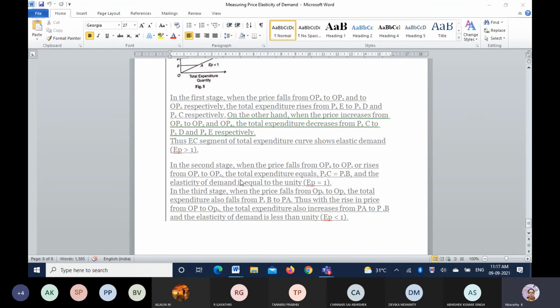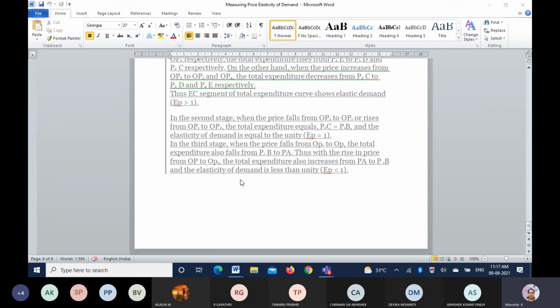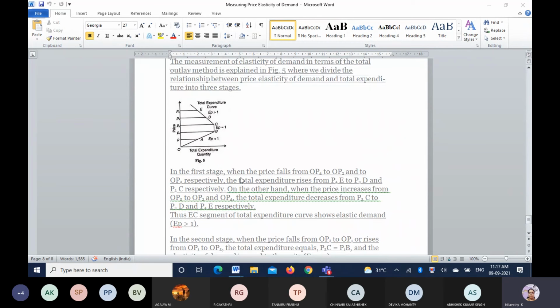Here, you should know the price and the total expenses that they are spending. If you know that, it will be easy to calculate the elasticity value. But again, it is a complicated one. Instead of that, studying a direct relationship between the price and quantity demanded is very easy. So we just go with the percentage method or the ARC method.